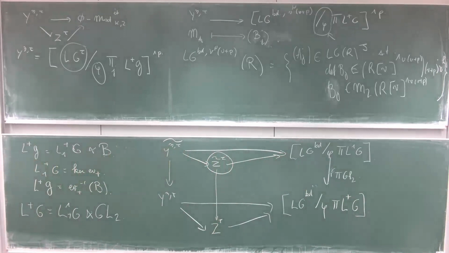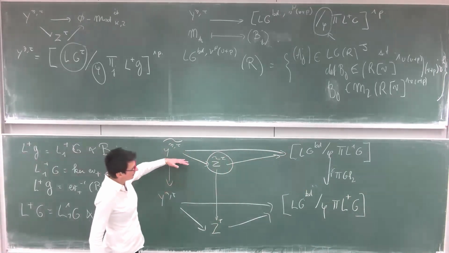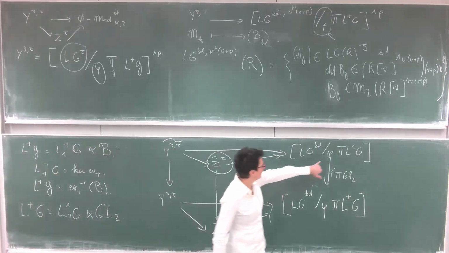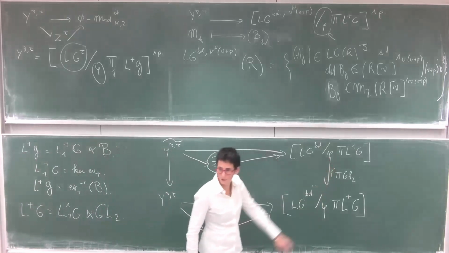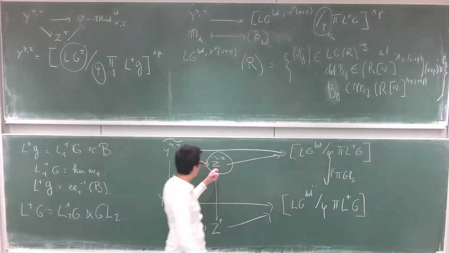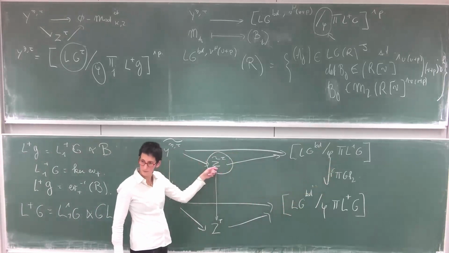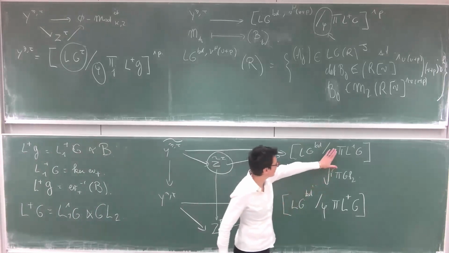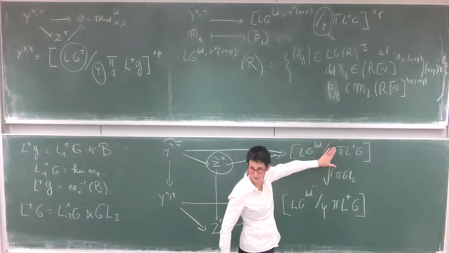And the point is that here you still have the phi conjugation. But what is nice is that we can construct a model of this one without the phi conjugation, almost this object.